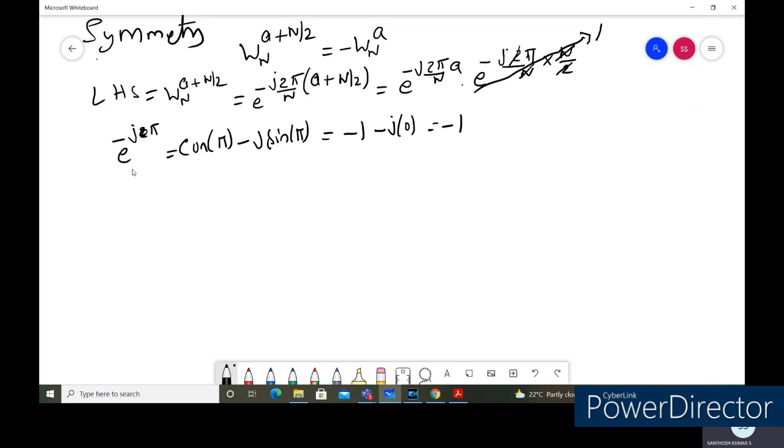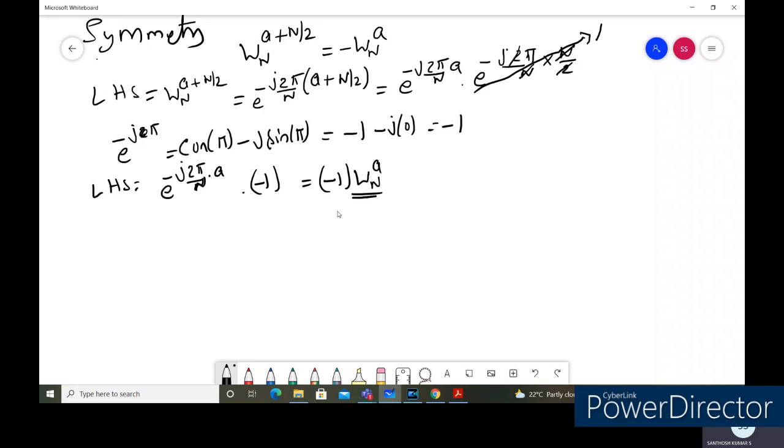So what we got is that the LHS part is e to the power of minus j 2 pi divided by N into a, into minus 1. If we convert this back into the Twiddle factor, minus 1 remains constant, and we get omega N to the power of a.